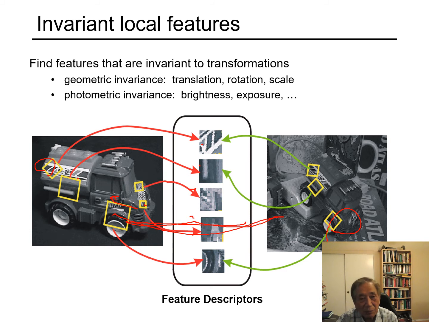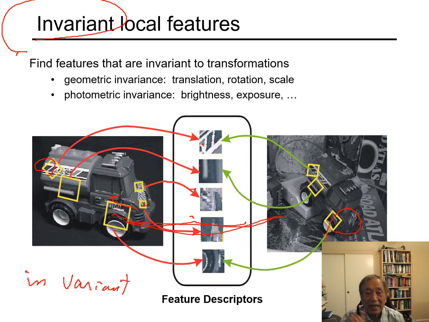But the important thing is this invariance. Invariance means that it doesn't change. In means not, and variant. So something we standardize so it doesn't change. It's more like a template, and we can use it when doing the matching, slightly differing it.